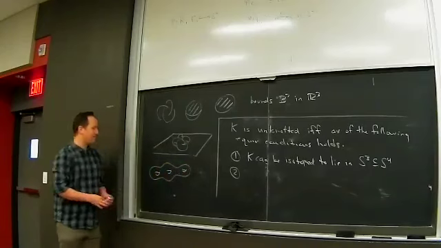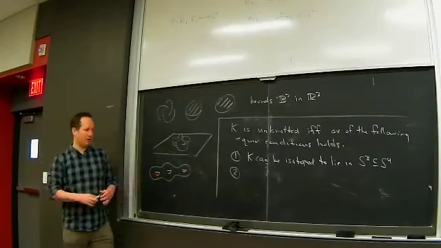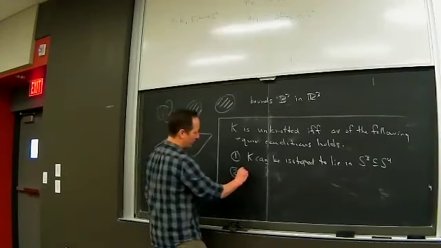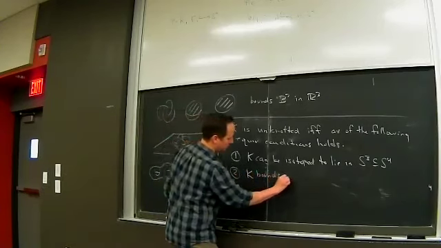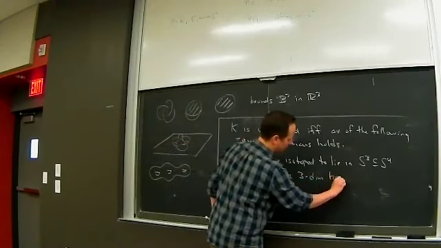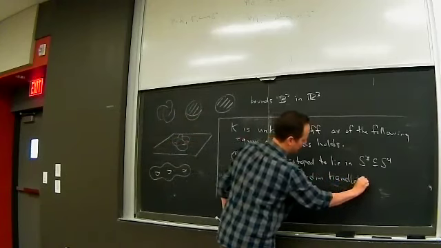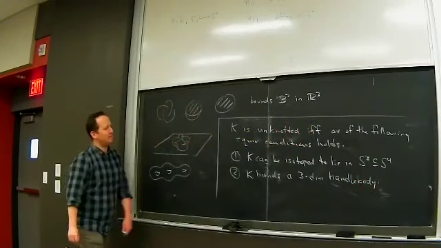And in that case, to be unknotted means that you bound a three-dimensional handle body. K bounds a three-dimensional handle body. So what do I mean by a handle body?